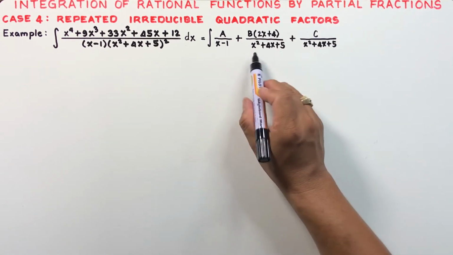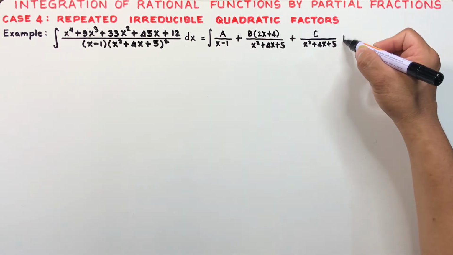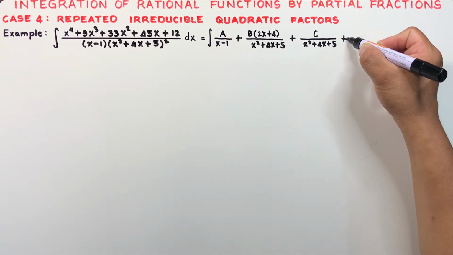And since this quadratic factor is being repeated twice, we need 2 more as a partial fraction for this.